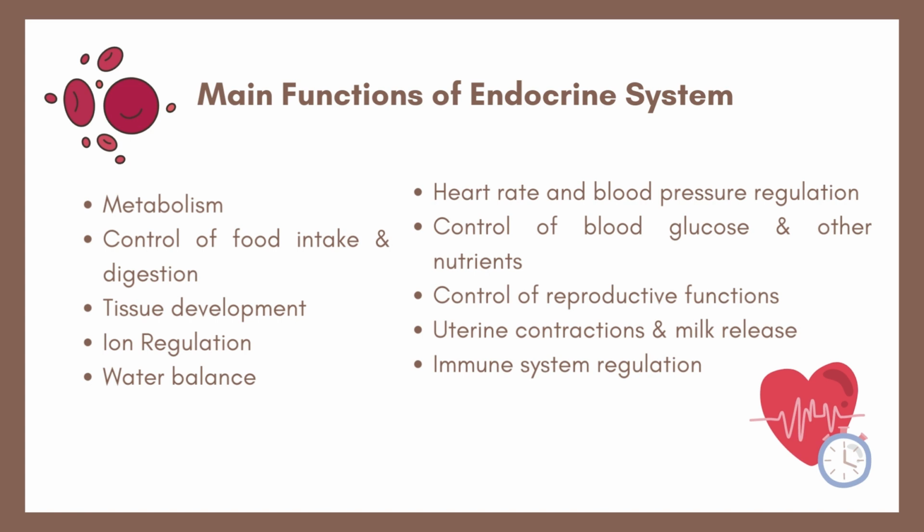The endocrine system regulates uterine contractions during delivery and stimulates milk release from the breasts in lactating females. And lastly is the immune system regulation, meaning the endocrine system helps to control the production of immune cells.